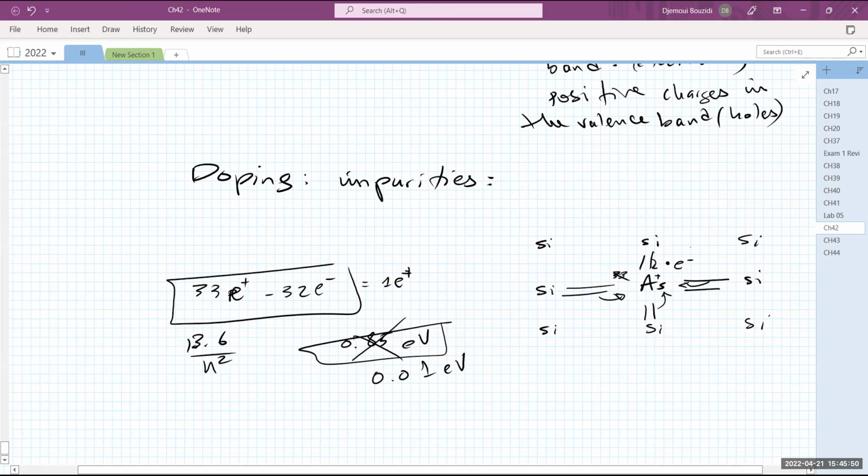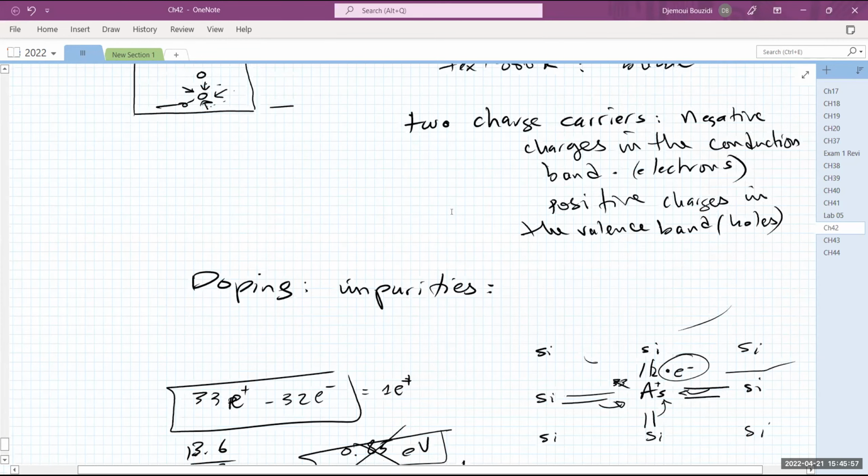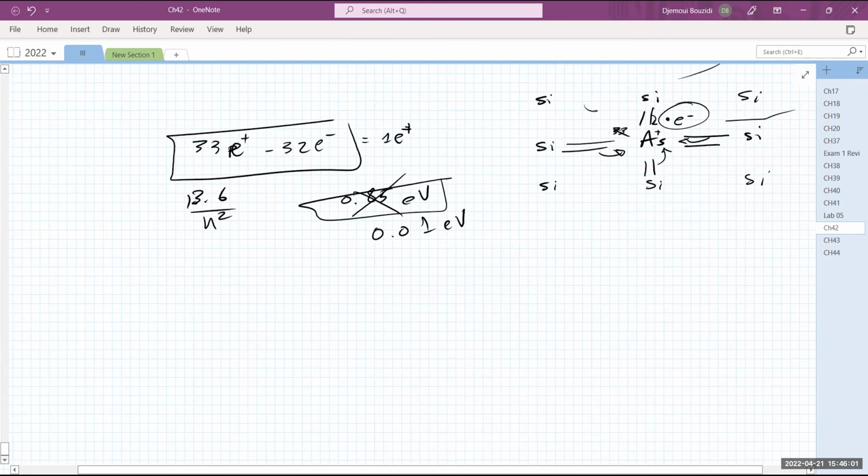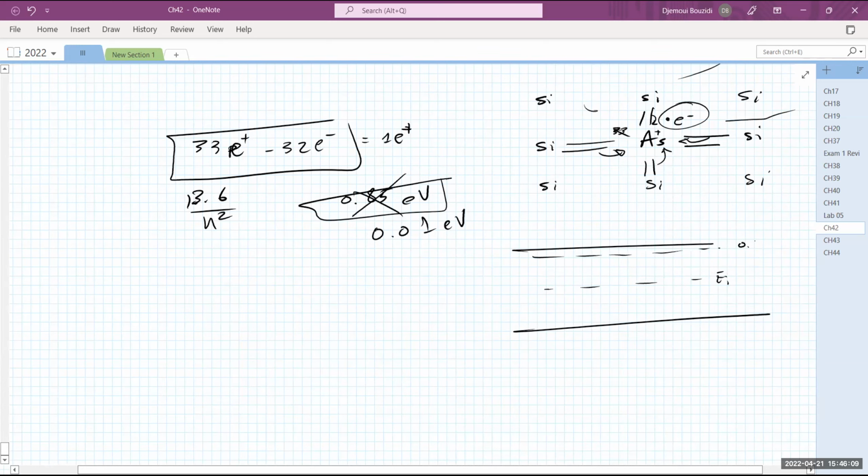And this is plenty of energy to be overcome at room temperature. So in other words, this electron is free to move. It can be anywhere it wants to. So it's actually in the conduction band. So the presence of the arsenic in this material will take the Fermi energy level, which is the intrinsic one that was in here, and move it very close, by about 0.01 electron volt, from the conduction band. Whereas this is your valence band.